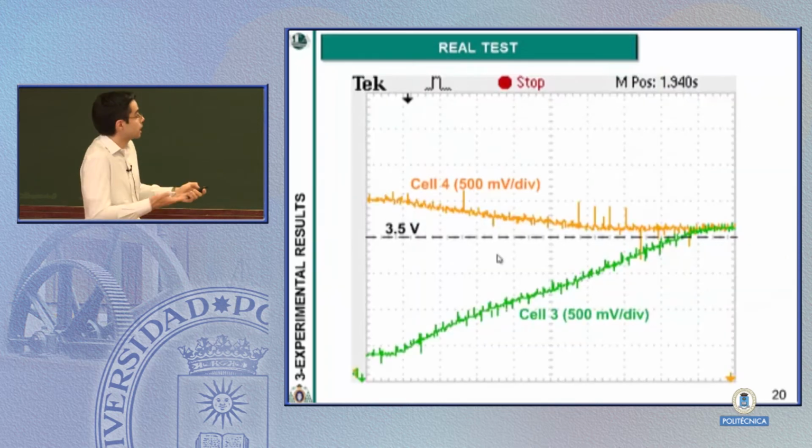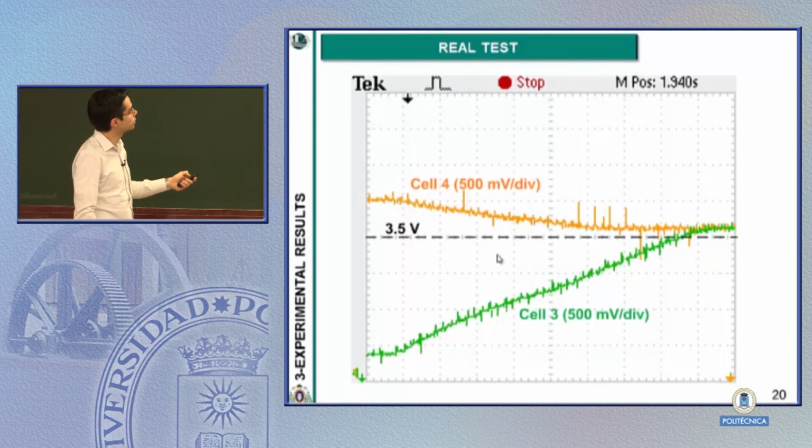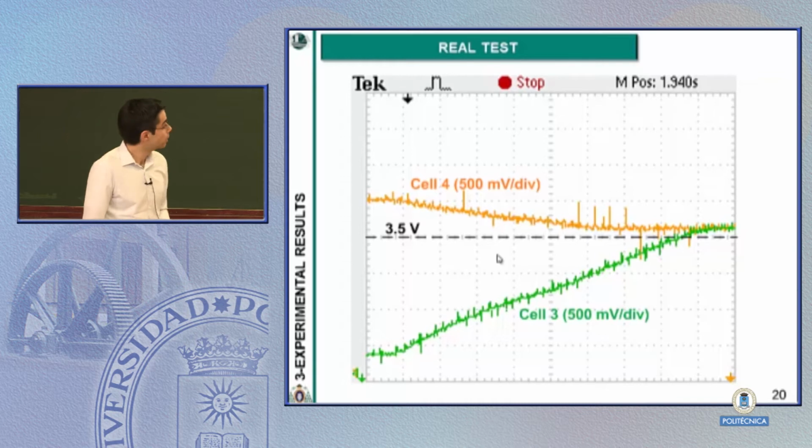And the result, to see it, we have the voltage of cell 4, actually the voltage of cells 2 and 1, and the voltage of cell 3, okay? There is an imbalance, but with the equalizer, we have chosen to keep the charging rate constant, and as we can see, in the end, we have achieved an equalization.